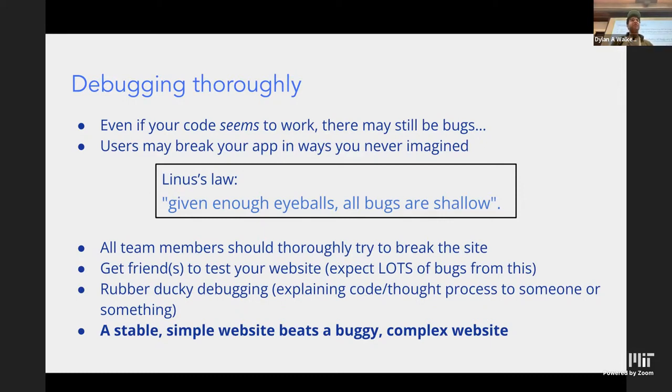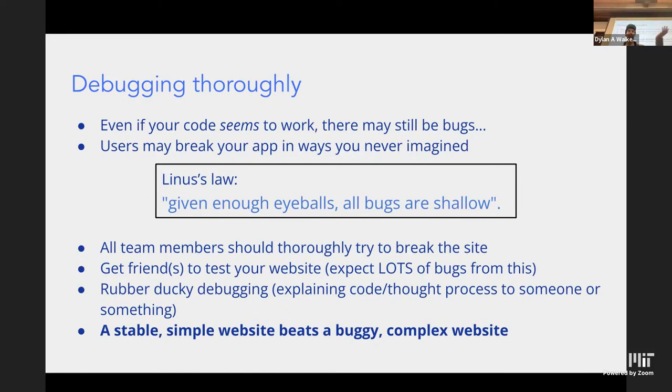Another way that you can debug is called rubber-ducky debugging. If you don't know what that is, you can get an inanimate object or another person. Basically, you explain your bug and go through the logic, saying, okay, this line does this, this line does this. I know there's a bug somewhere in the middle line, but I'm not sure why it is happening.